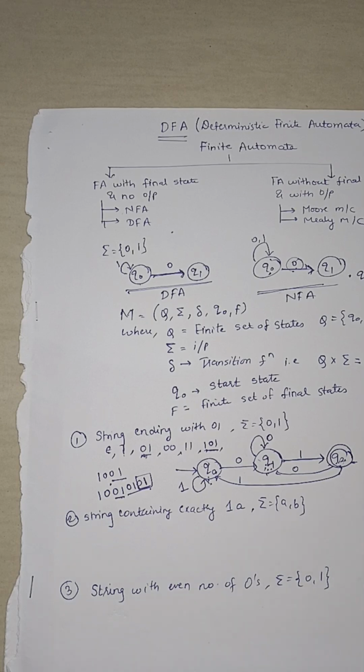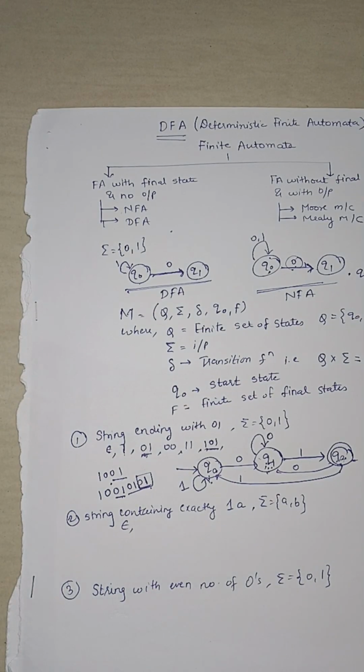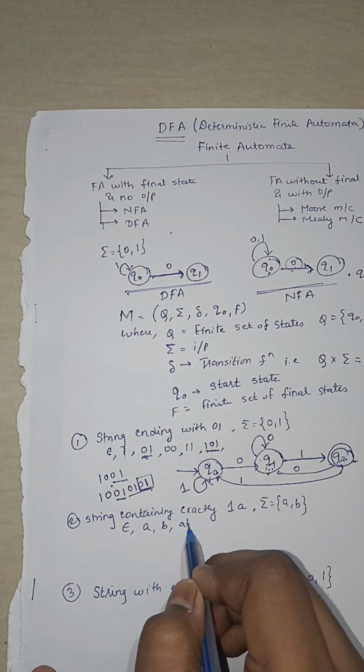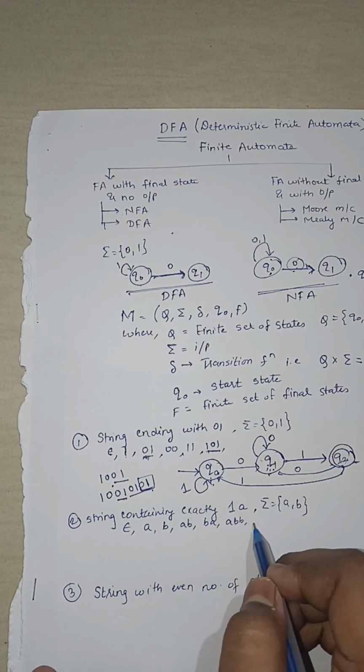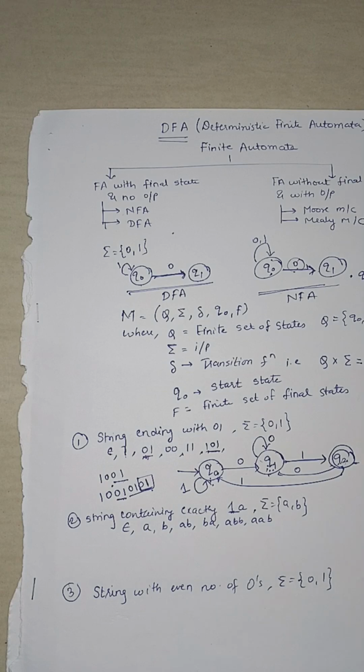Our second example: strings containing exactly one A. Now see, what can be the strings? Epsilon, means null, A, B, AB, BA, ABB, AAB. It must contain exactly one A, means one A must be there in the string.